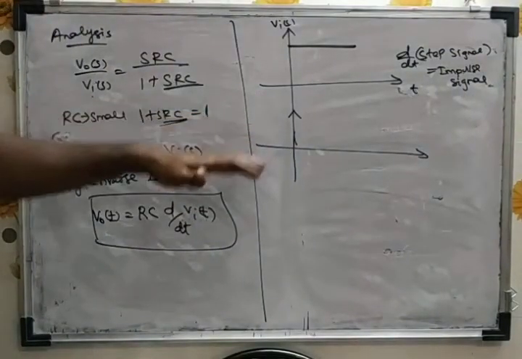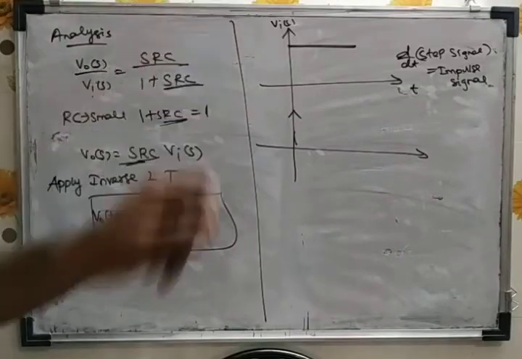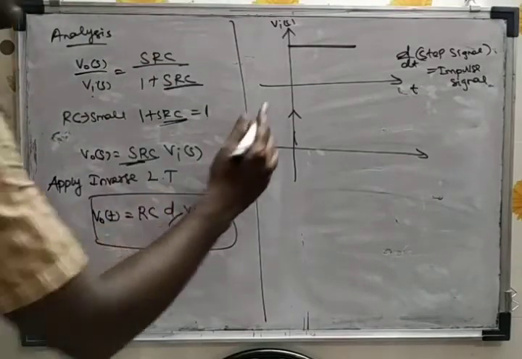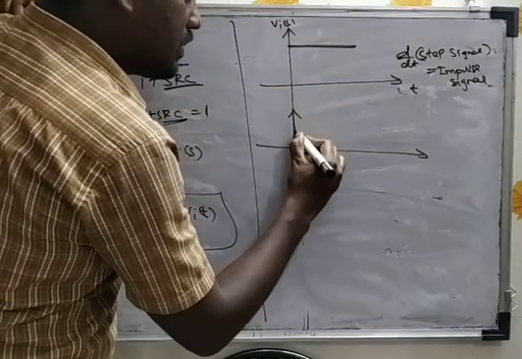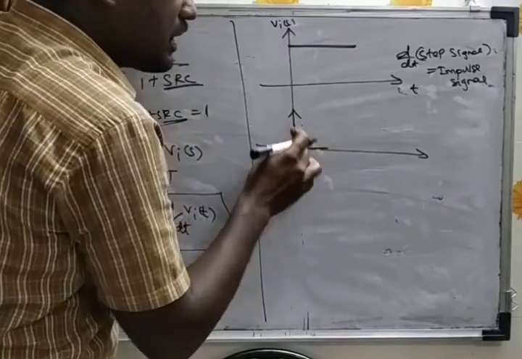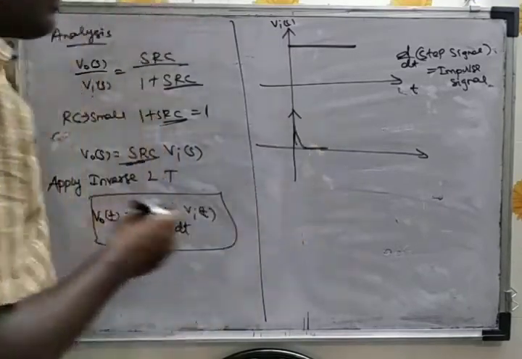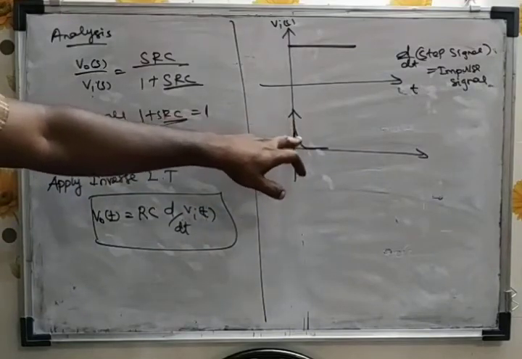But when you are using a very small RC value, the discharging time is also very small. So you will actually get an approximated spike wave, an approximated impulse waveform. You cannot get an exact impulse signal.